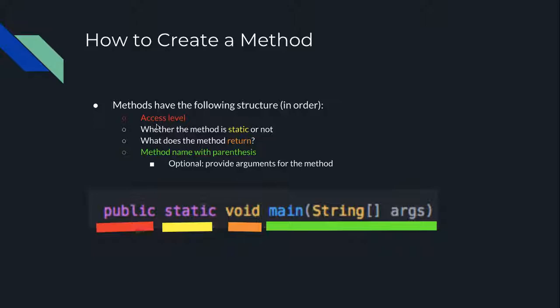So you need to have the access level, which is this one right here, and then we have to state whether it's static or not, which is the second field right here, and what the method returns, which is the third one, and then you can name your method, which you must, and you have the option of providing an argument inside the parentheses to pass in a value. And I'll go over every single step throughout these lectures.